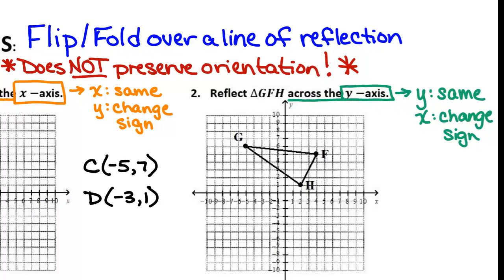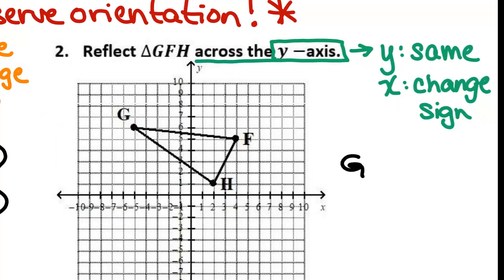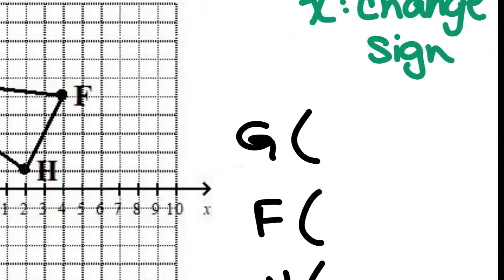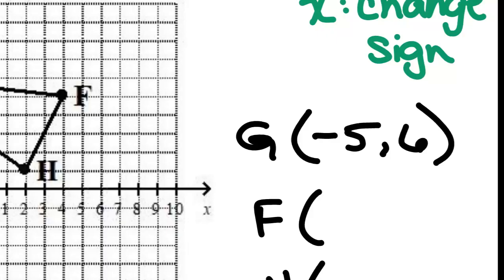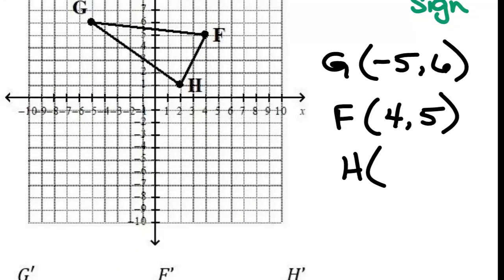So let's write down the ordered pairs for G, F, and H first. Here's G, F, and H. What's the ordered pair for G? Negative 5, 6. What's the ordered pair for F? 4, 5. And the ordered pair for H? 2, 1.